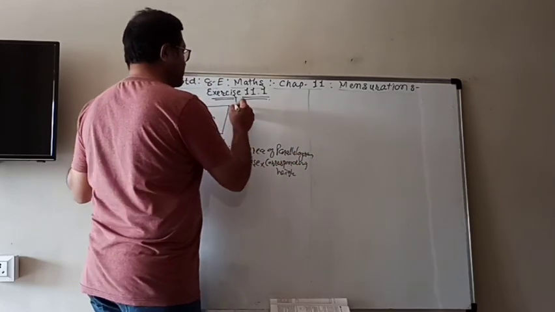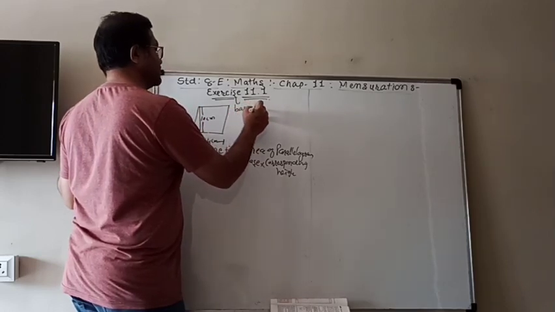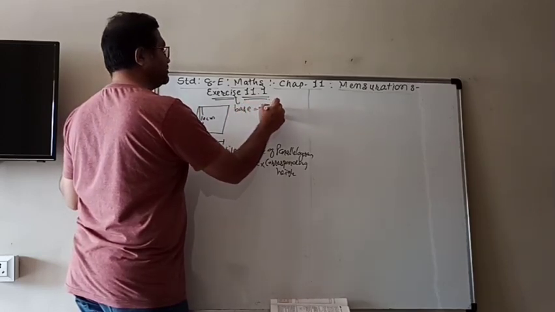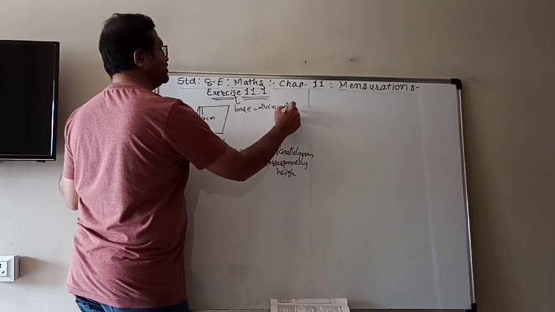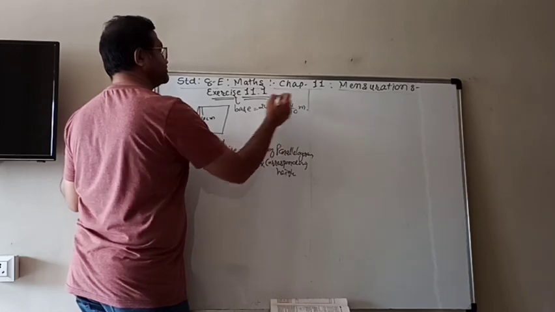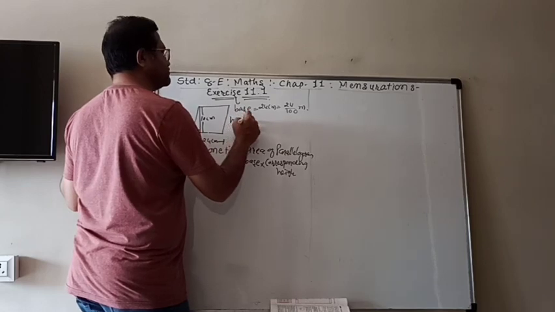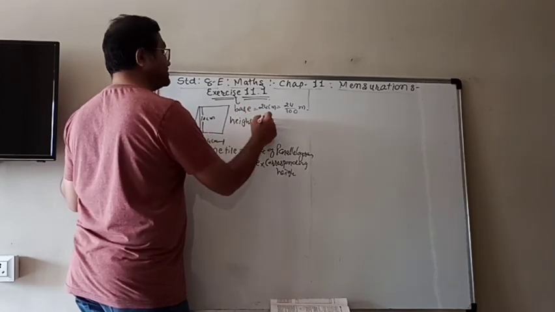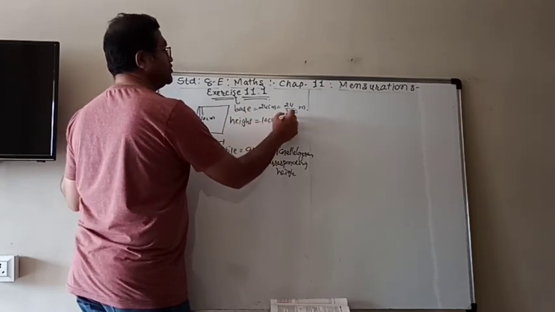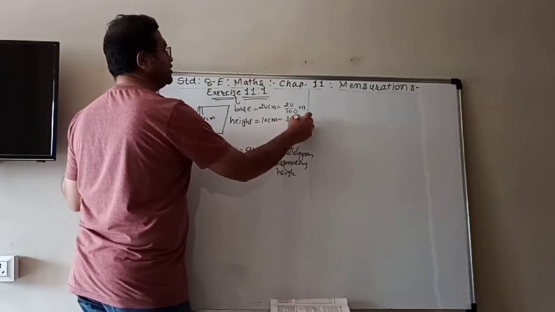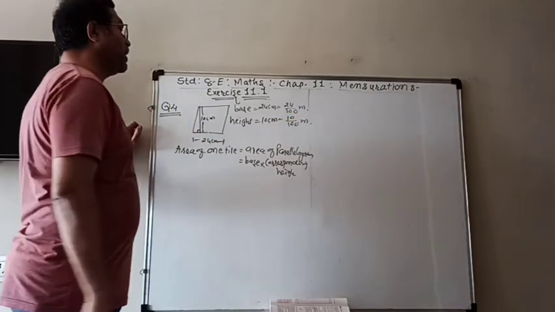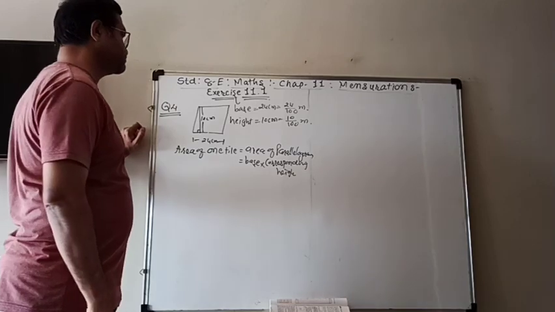But now here base is 24 centimeter, that is 24 upon 100 meter. Similarly, the height is given as 10 centimeter, which we have to convert into 10 upon 100 meter.